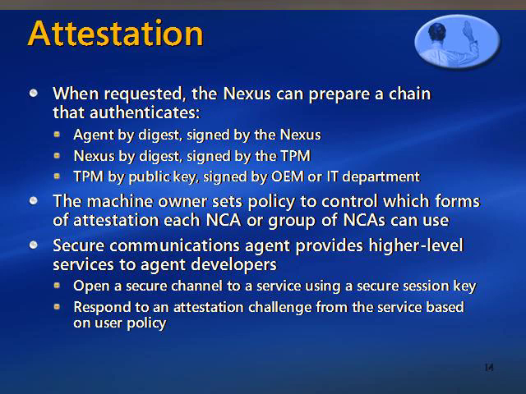The Nexus has a digest that was computed by the TPM. That was the new piece of hardware, the so-called crypto chip that I'd said was going to appear on the new motherboards. And that TPM itself was sealed by some key, or can be attested to by some key, either created by an IT department or an OEM. So you have this kind of chain of trust.